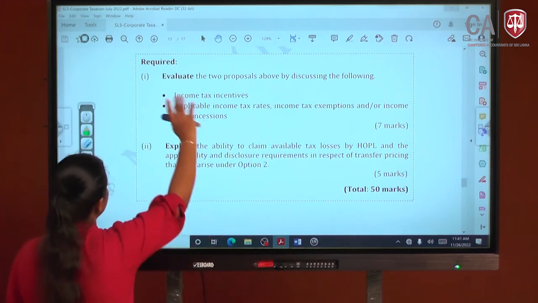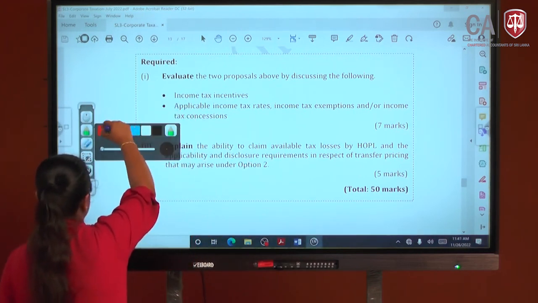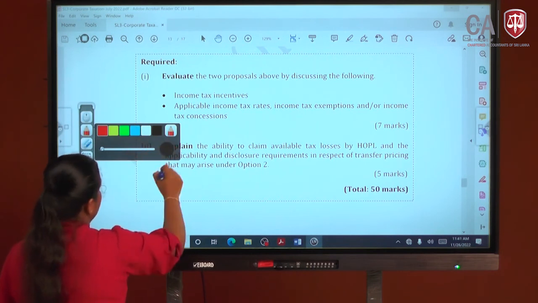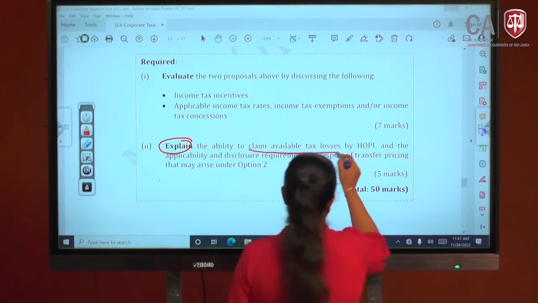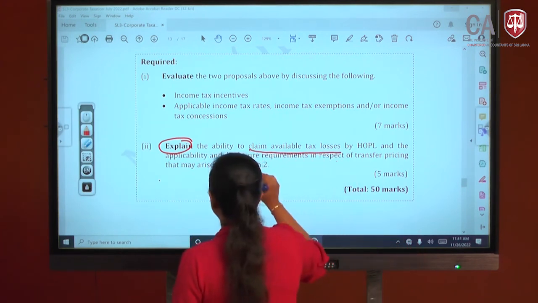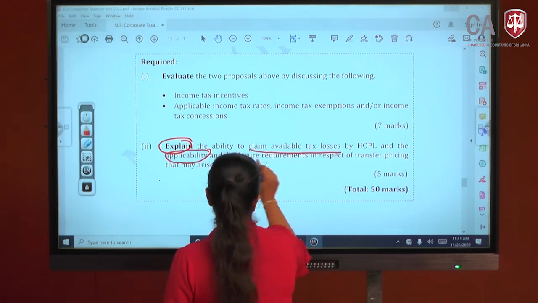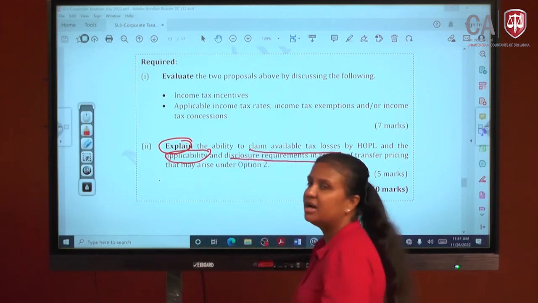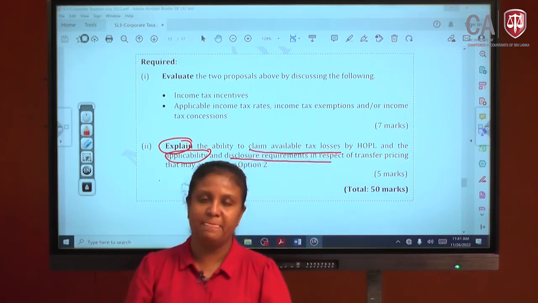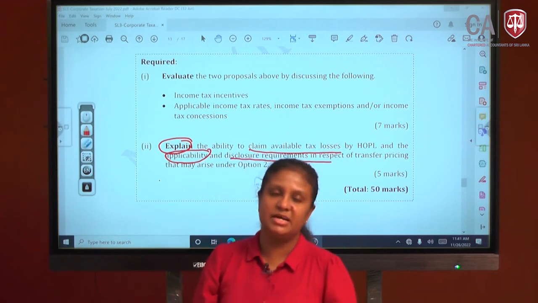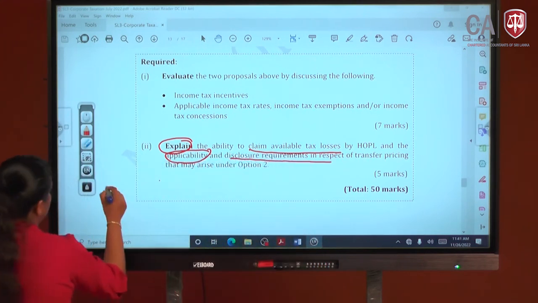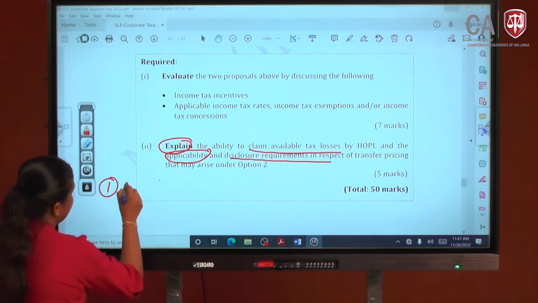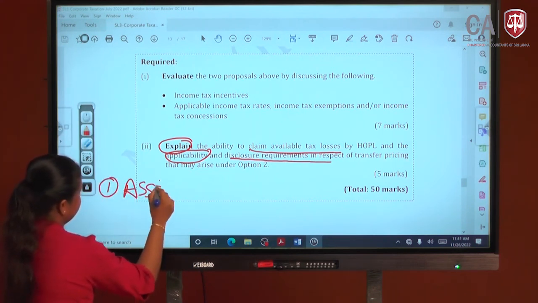Now, let me come to question 5. For the 5 marks in part C of this question, in Roman 2, explain the claiming of the tax loss, and the applicability and the disclosure requirements in respect of transfer pricing under option 2. To apply transfer pricing, what should be there? First, there should be an associated person.